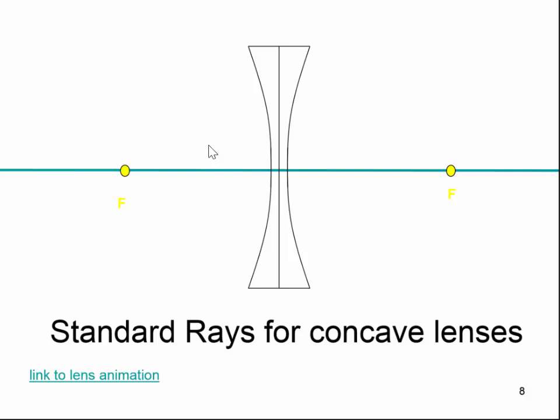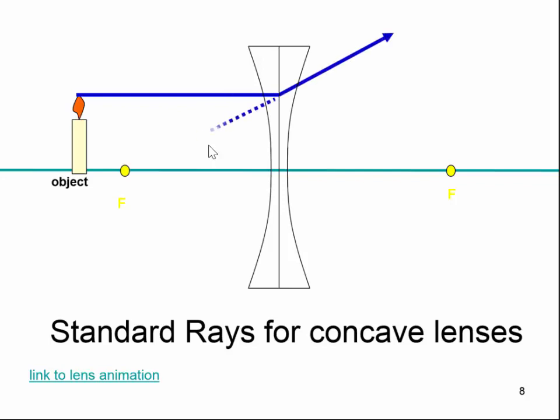So the standard rays we use for a concave lens, we have an object, we send in a parallel ray, and it bends away from the central axis as if it were coming from the focus on the same side as the object. Same for a concave lens as for a convex lens. The ray coming through the center will just keep on going undeflected or unrefracted.